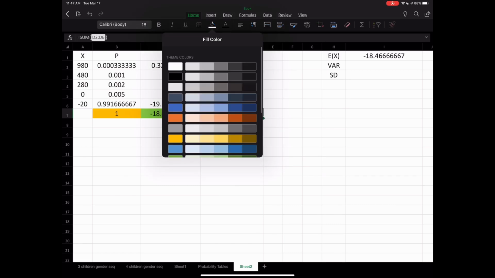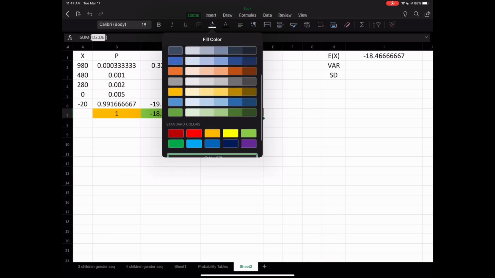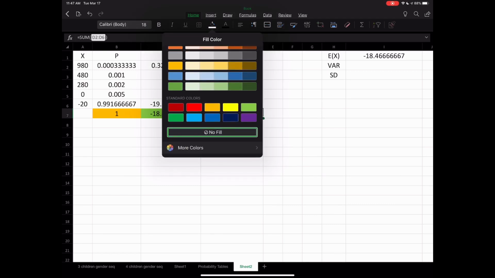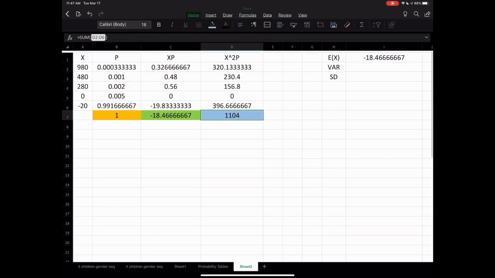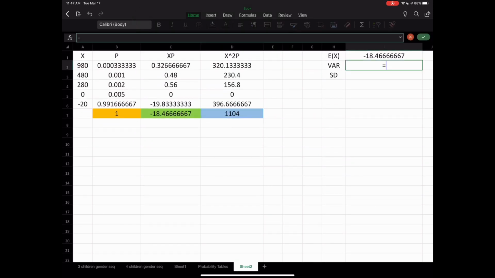All right, so I'm going to label this with some other color. I'm running out of colors. Let's label it blue. So now what would be my variance? My variance would be that final number that you've added minus the square of the expected value you calculated in the previous step.